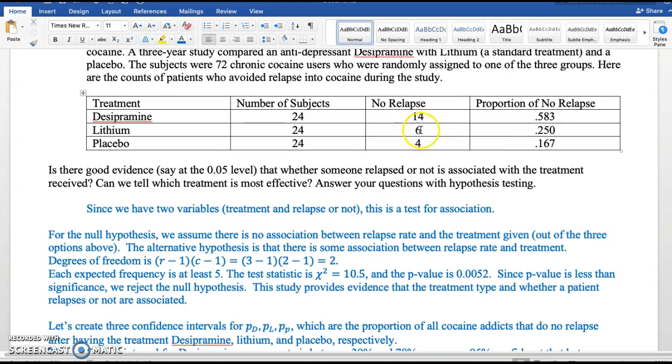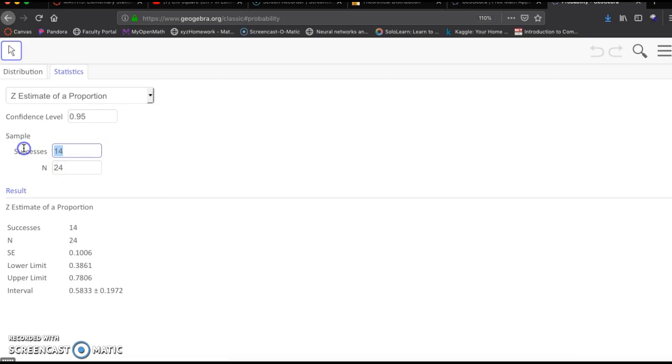All right, for this other one, for lithium, it's 6 out of 14. So I just need to change that number to a 6. Click OK. I've got basically 8% to 42%.